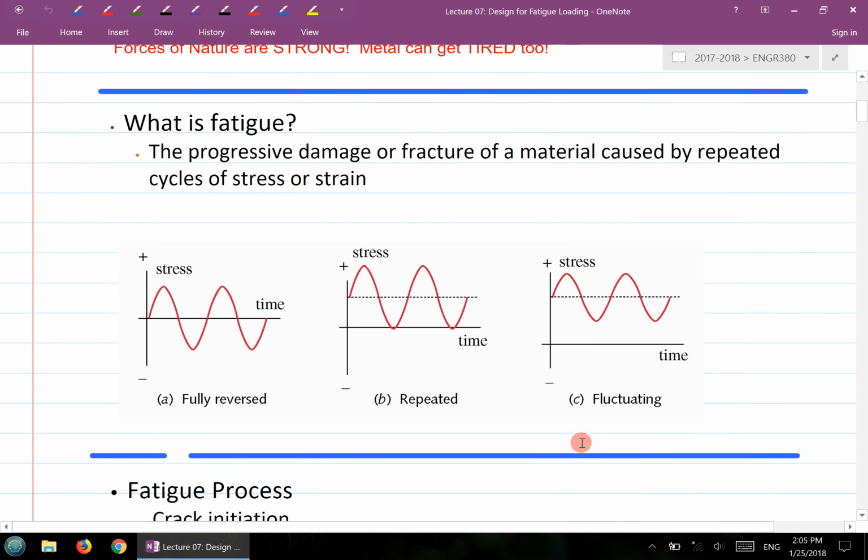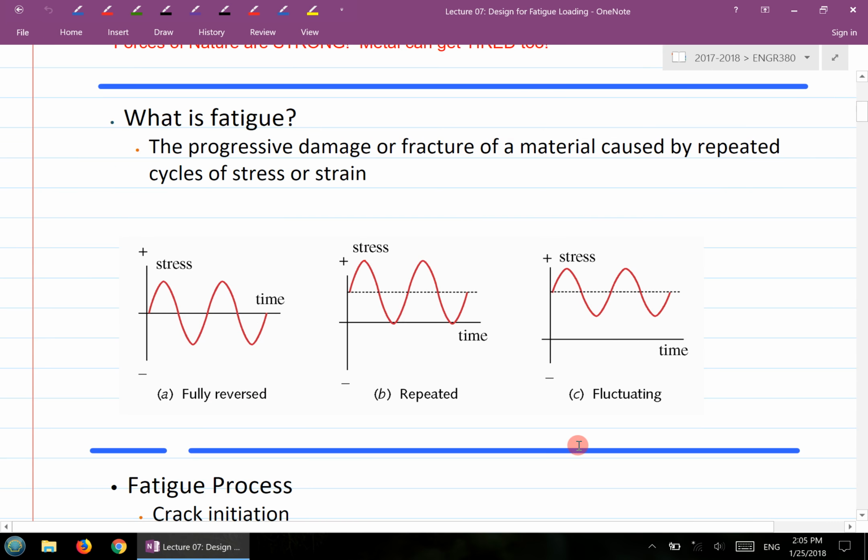So the first concept: what is fatigue? As you can imagine, when we're talking about fatigue, we're talking about constant, continuous loading, a type of external pressure on ourselves, on our body, on our mind.